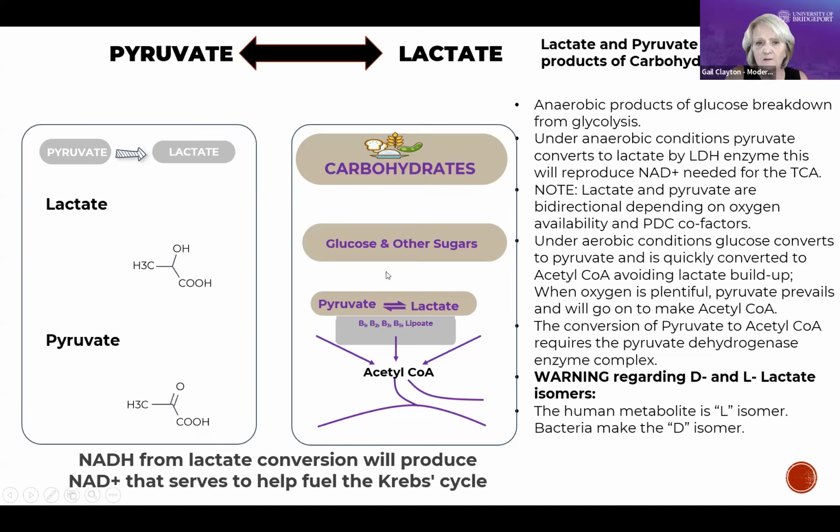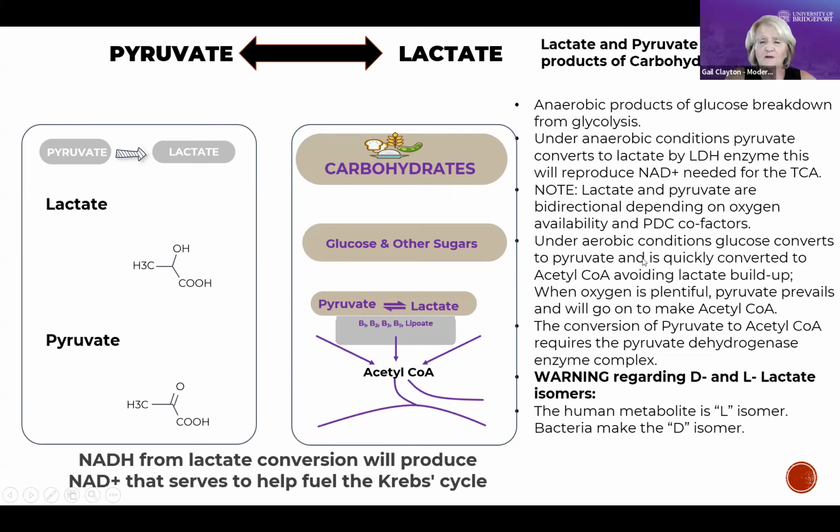They go to make pyruvate and lactate, and they can go back and forth, and it's reversible. And then it's acted on by the pyruvate dehydrogenase complex to make acetyl-CoA, and then that goes into the Krebs cycle. And then on the left here, we have pyruvate. This is the oxidized form, and then lactate is the reduced form.